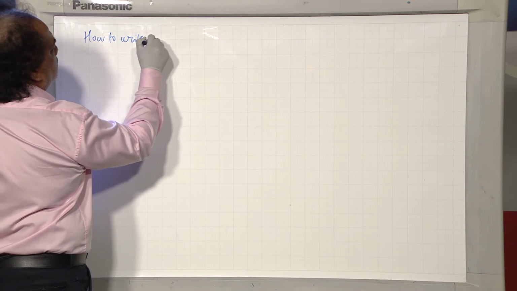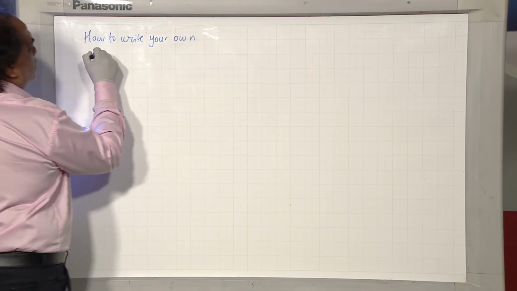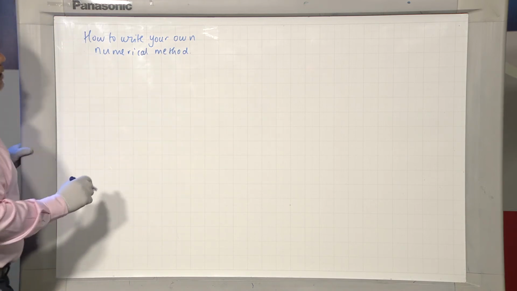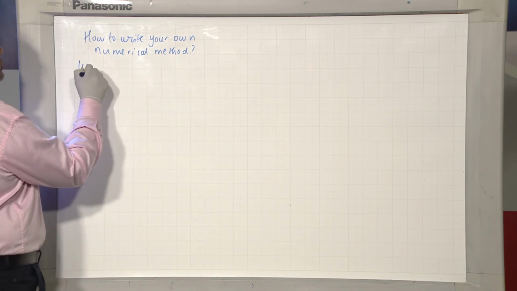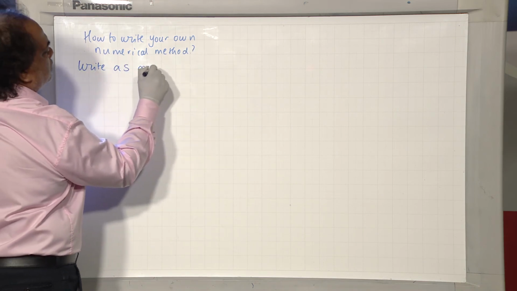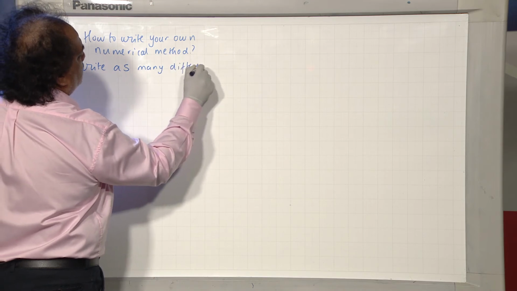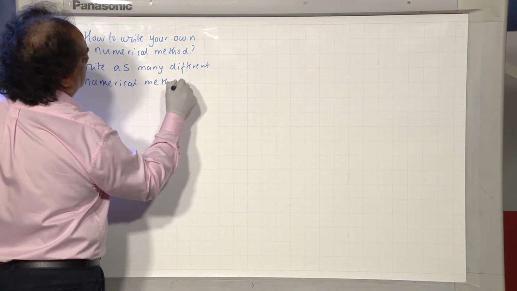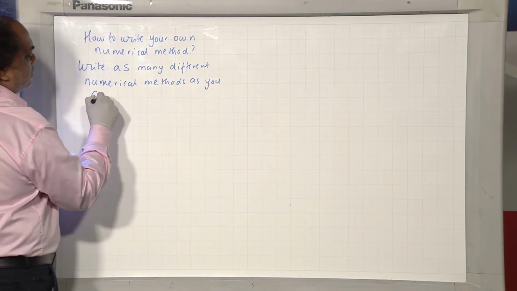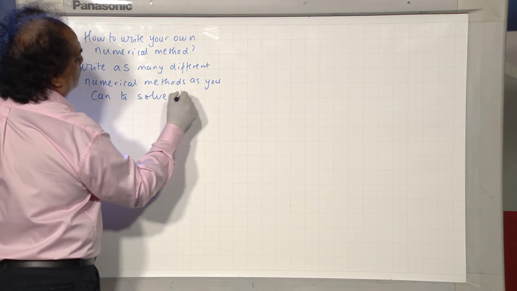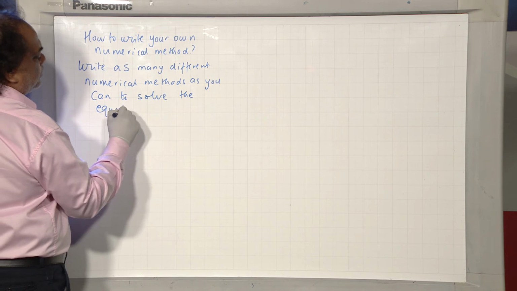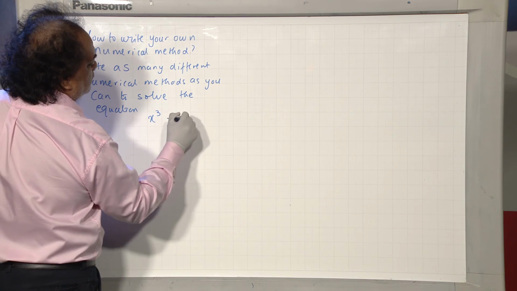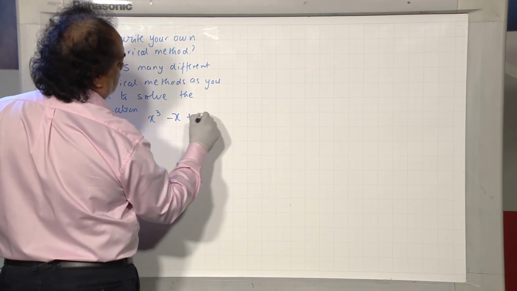to write your own numerical method. Write as many different numerical methods as you can to solve the equation x cubed minus x plus 5 equal to 0.